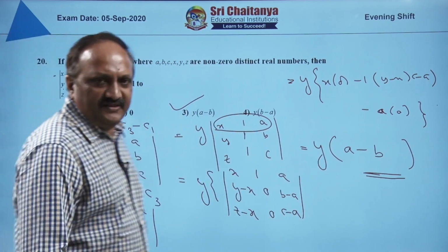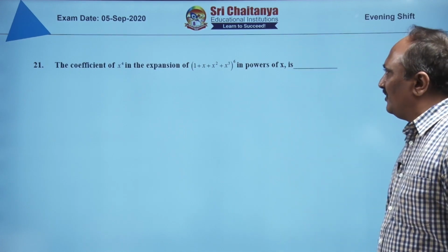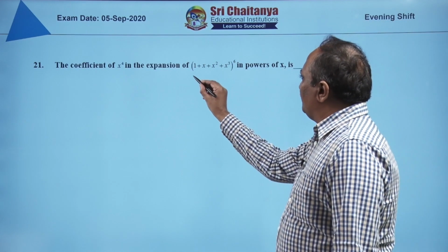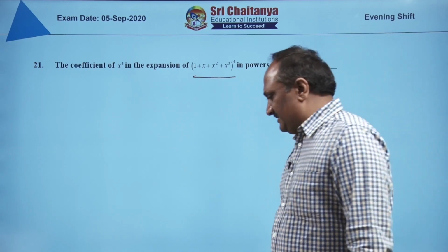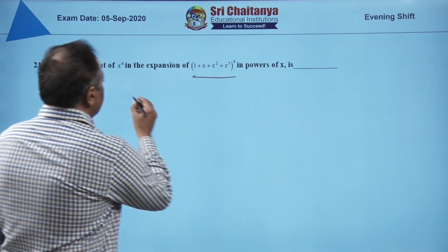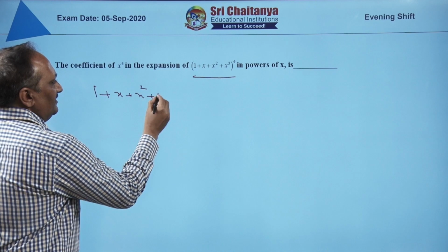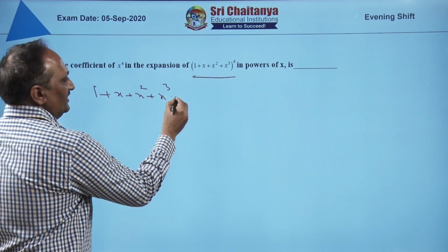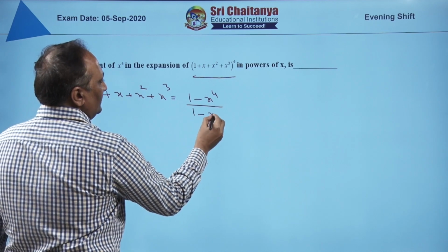Coming to the 21st question. The coefficient of x power 4 in the expansion of 1 plus x square plus x cube whole power 6. That value can be expressed in this form: 1 plus x square plus x cube can be written as 1 minus x to the power 4 by 1 minus x.